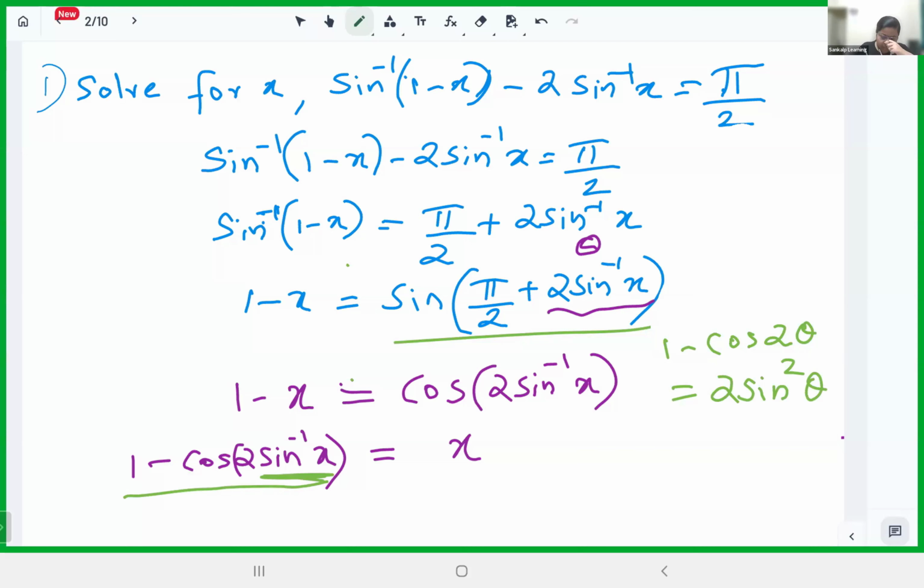So how can you rewrite this in terms of sine? You can write this as 2 sine square, in place of theta it is sine inverse x.